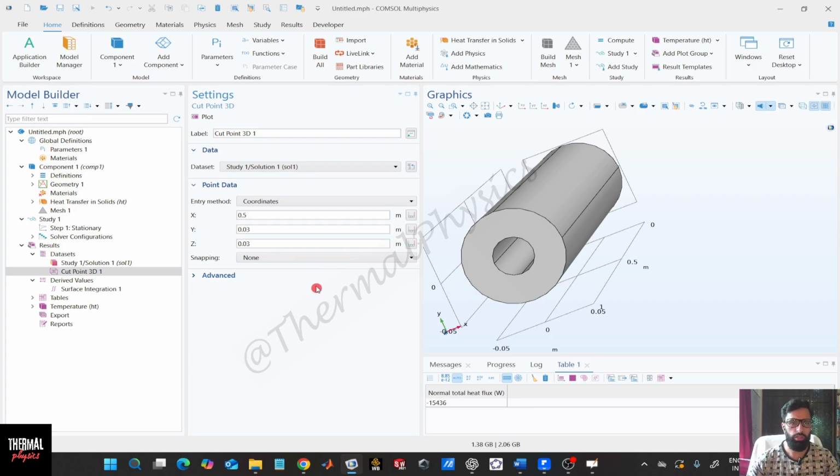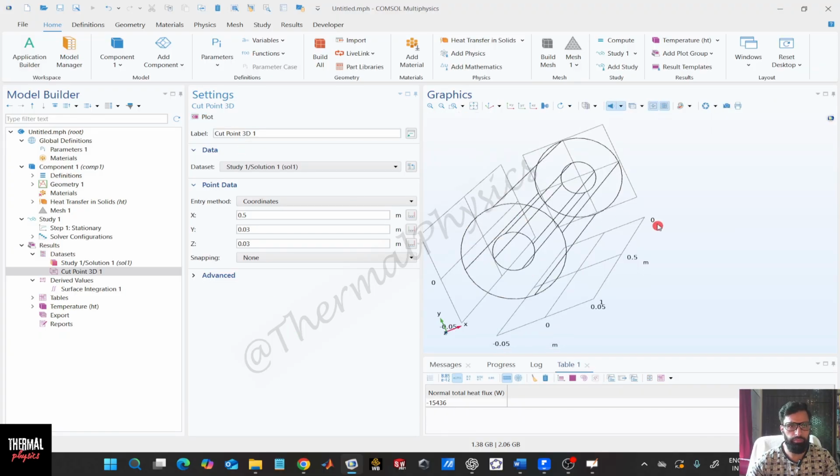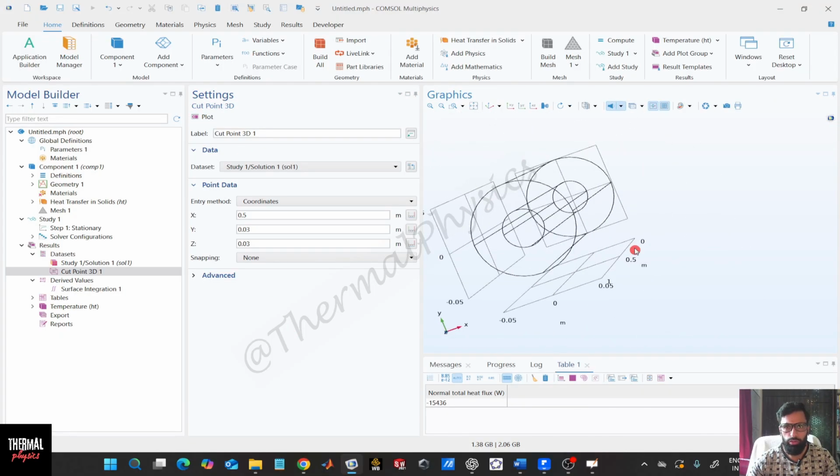So we have to make sure the point at which we are calculating the temperature is exactly at 0.03. The remaining 2 coordinates we can choose accordingly. So when we plot, okay, not 0.0, let's make it 0, 0.5, sorry.